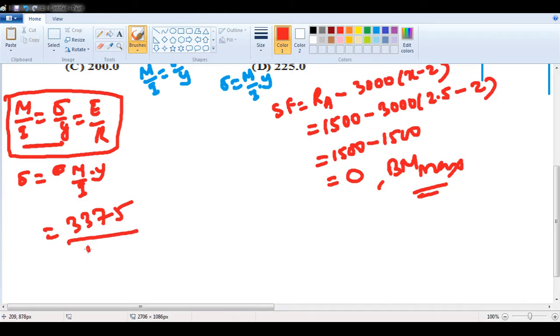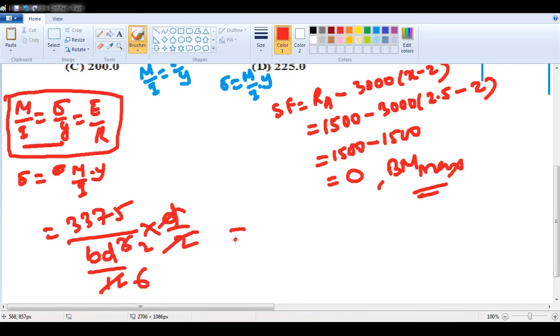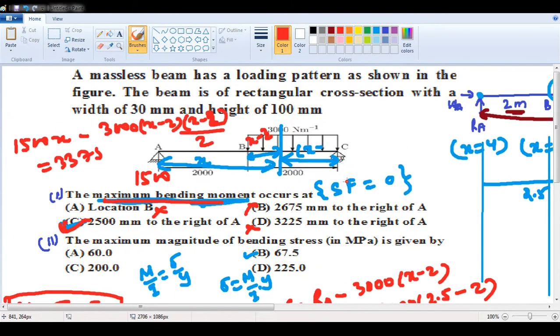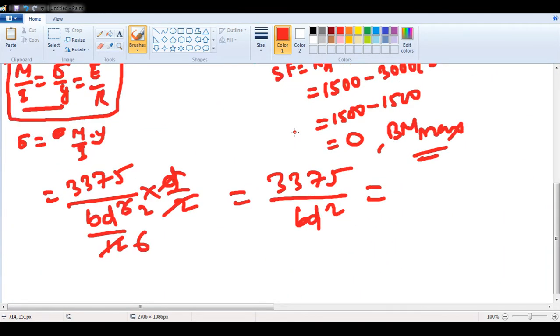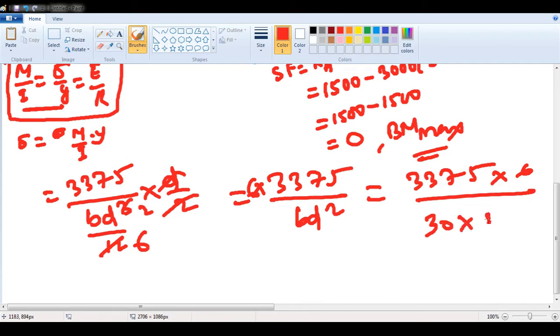I is BD cube by 12, and then y we can say is D by 2, right? So from here this is 6, D gone, this is D square. So this is 3375 into 6 by BD square, and here the values of B and D are given, 30 mm and 100 mm, right? So put the values: 3375 into 6 on the top, B is 30, this is 100 squared, and obviously this is in mm, so when we convert to meters this will be 10 to the power 9.